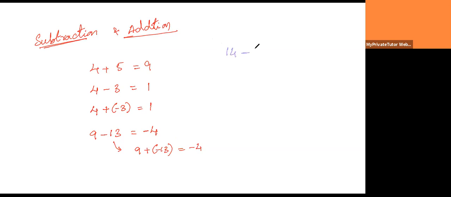14 minus 5. This is a straightforward one, which is 9. What about 14 minus of minus 5? Here we are subtracting a negative sign. So minus of minus 5 becomes 14 plus 5. So that's 19. And similarly, minus 14 minus 5.